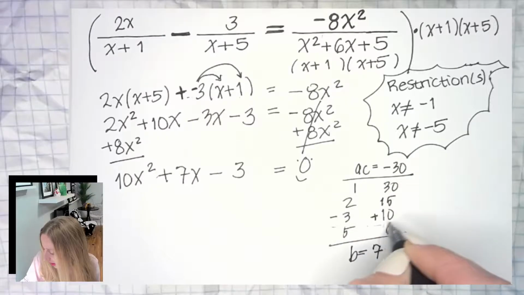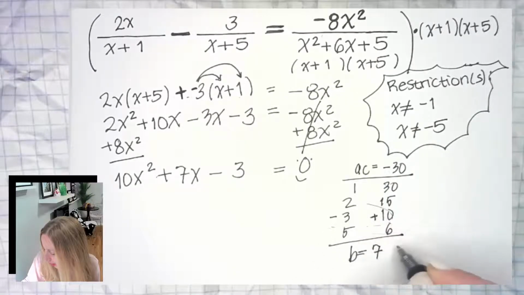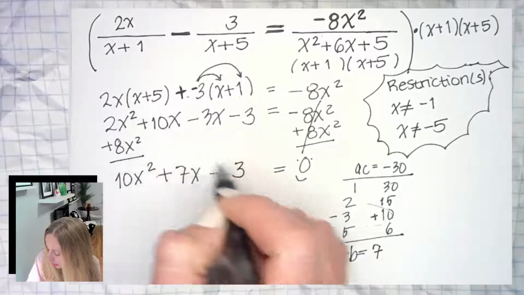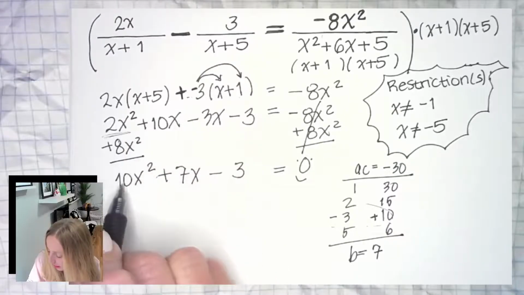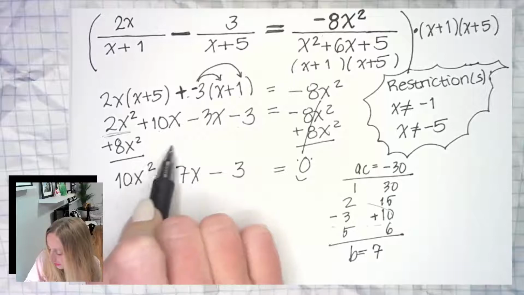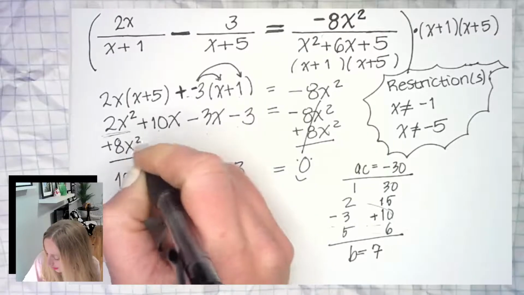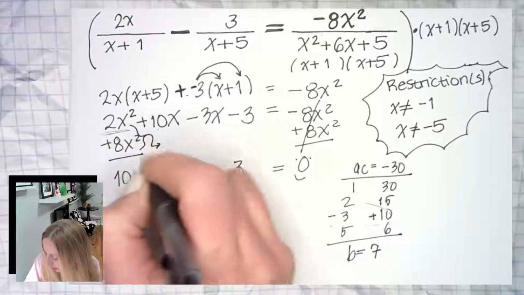But that positive 10 and negative 3 over here. Oh, yeah, I could have done grouping, actually. I was looking at it with the 2, and now I'm seeing it. If I had left it as 10x squared plus 10x minus 3x minus 3, I had an epiphany because I wasn't looking at it correctly.